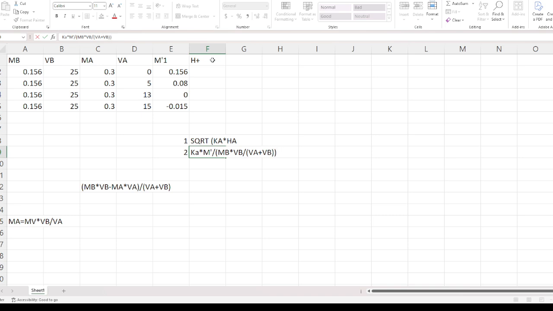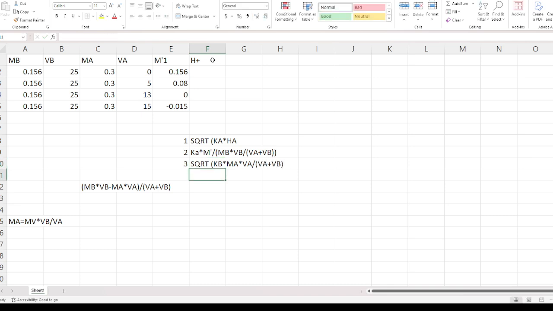Such a pain. And situation 3, it's going to be Kb, square root of Kb times Ma times Va over Va plus Vb.